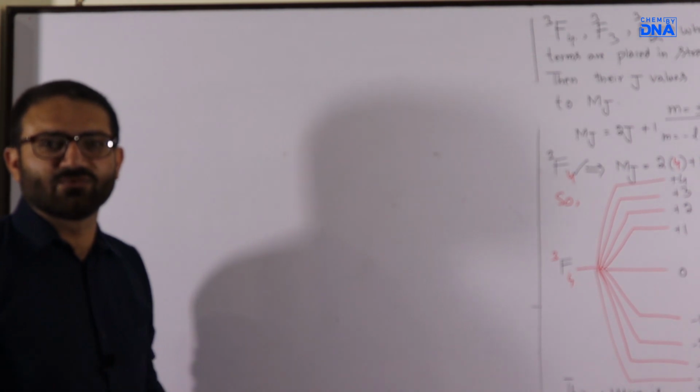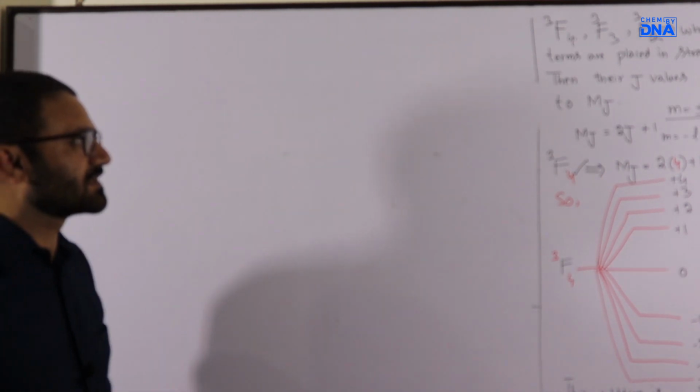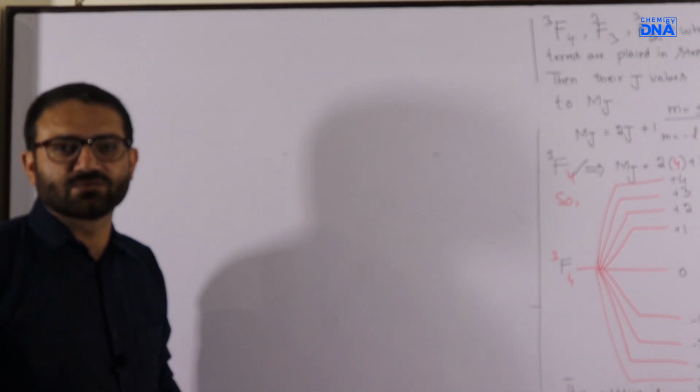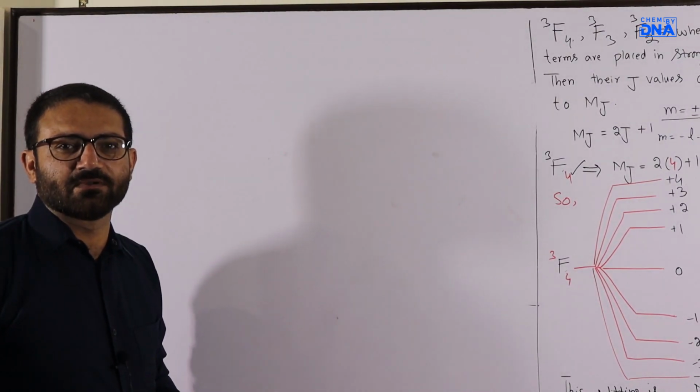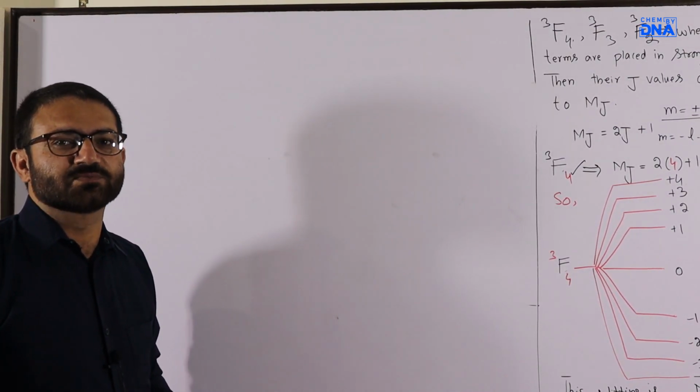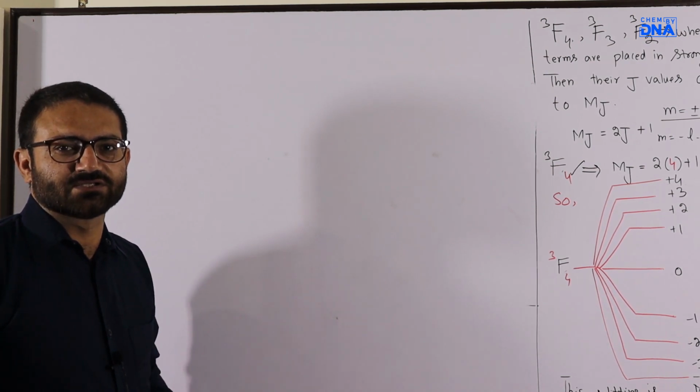Hello students, now we will move towards the next spectroscopic term. I think the language barrier will not be problematic for you because you are experts in doing these calculations.